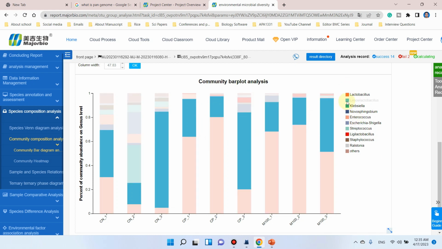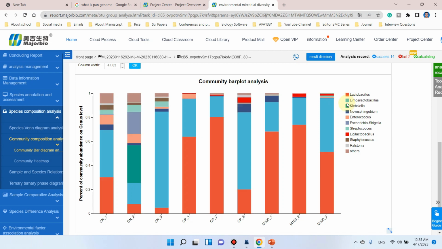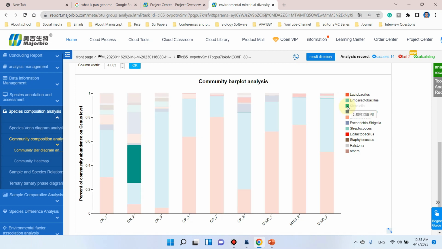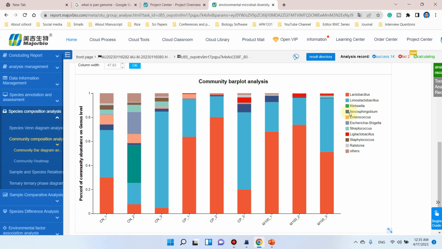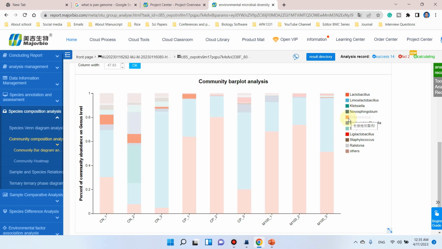Similarly, if we further see, this color is showing the Limosilactobacillus, and if we mouse over to this Klebsiella, it is only present in the control negative. If we mouse over to this one, that is Novosphingobium, here you can see in the management group it is showing the least quantity. Similarly, the quantity of Enterococcus is also decreased in the management group.